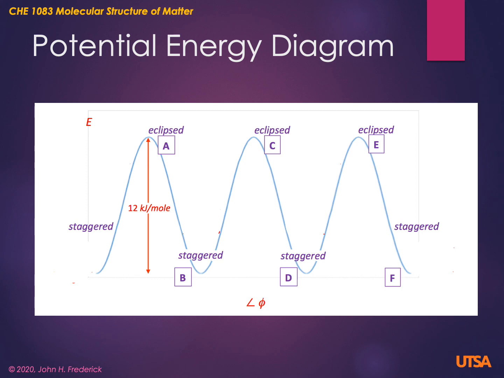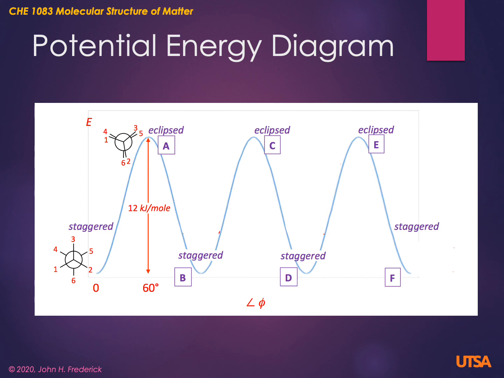Now I've labeled the positions on this diagram A, B, C, D, E, and F so that we can relate these to the particular conformations that give rise to these potential energies. So at the very start, we're going to again start with 1 in the lower left. 4, 5, and 6 are always going to be in the same positions, but 1 is in the lower left, 3 is up, and 2 is on the lower right. When we go over to position A, we see that 1 has moved up to become eclipsed with 4.